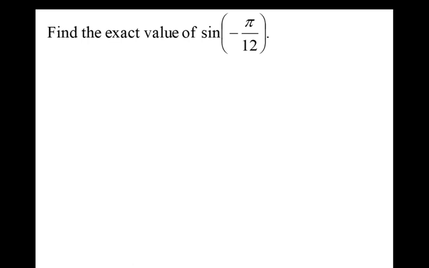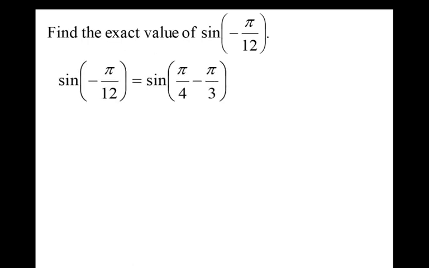Now, here's one more example. So find the exact value of sine of negative pi over 12. So again, this is about splitting it up. Okay? So since it's negative, and if you haven't really kind of figured it out yet, this 3 pi over 12 and 4 pi over 12 has shown up a couple times already.